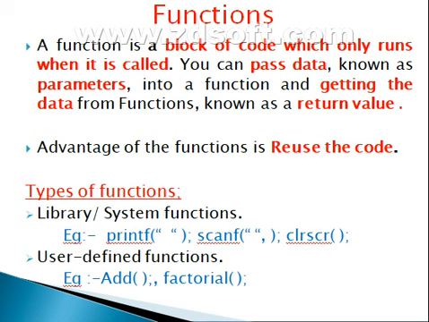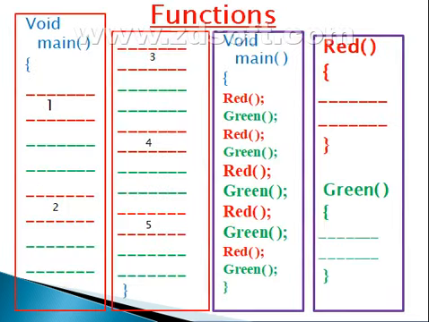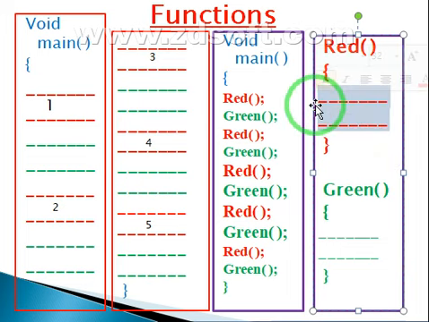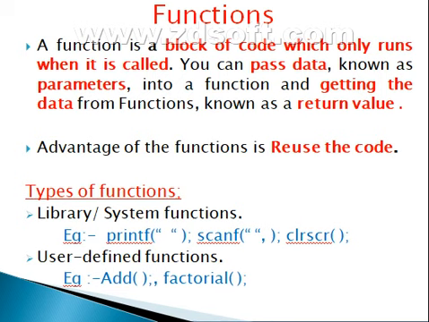So according to your example picture diagram, I called the red function 5 times, but I wrote the function definition only one time. That means this particular 2-line program is reused again and again 5 times. So that is the main key feature.